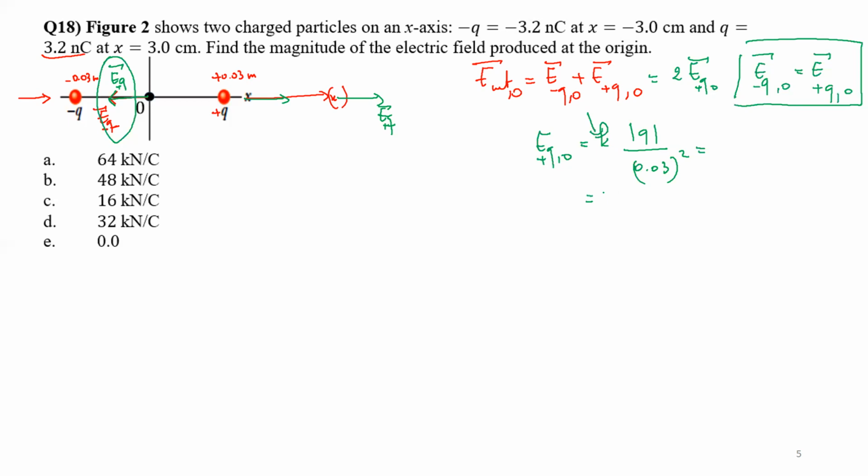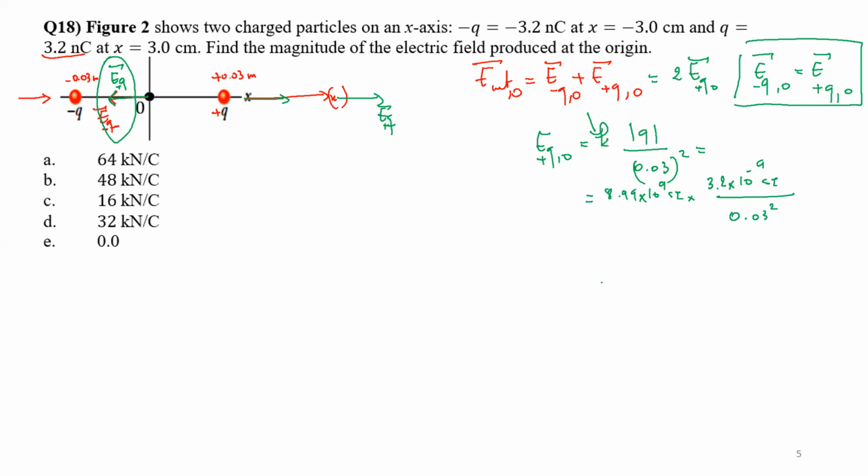Now I put the numbers. Here you have 8.99 times 10 to the power 9 SI. Now this q is 3.2 times 10 to the power minus 9. I put it in coulombs, that's why I put minus 9 SI. And here the distance is just 0.03 meters squared.